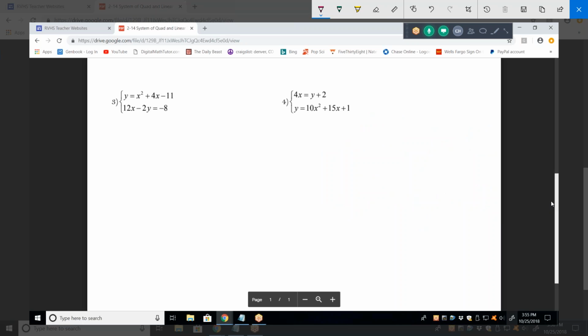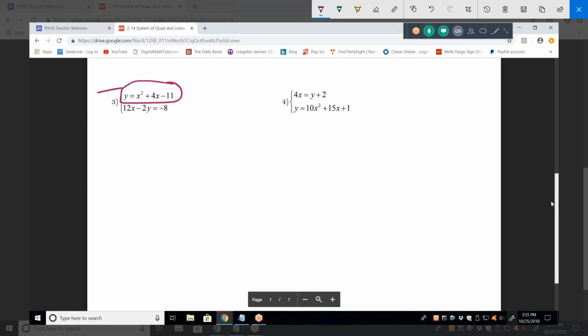And so far, they haven't given us one like that. And number 3 isn't one like that either. Number 3, we're going to use substitution. The reason we're going to use substitution is because they have given us one function that is fully defined in terms of y or x. That one right there is the only one.